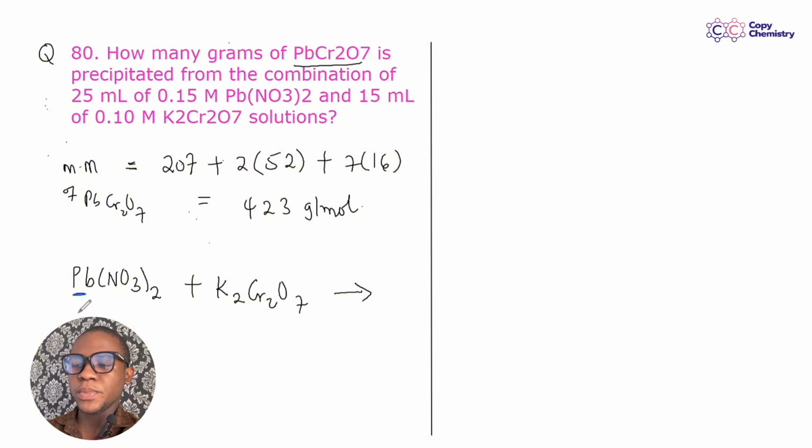The lead would pick up the dichromate area, and then you'd have PbCr2O7, and potassium here would be combined with the nitrate part of it. So you get KNO3. That's potassium nitrate. So this is what you write first, and then you go ahead to balance it.